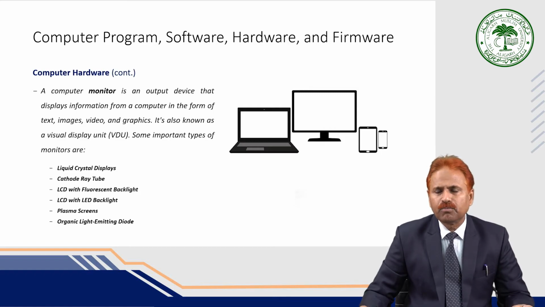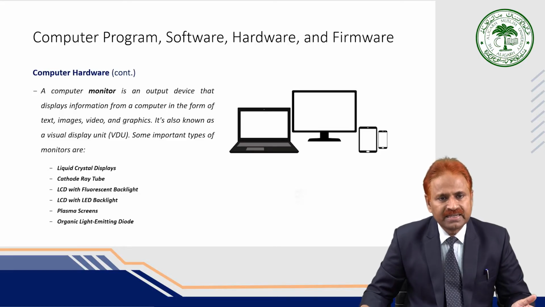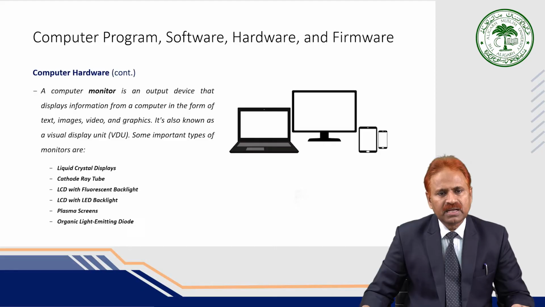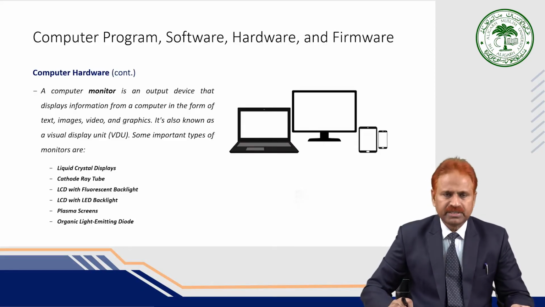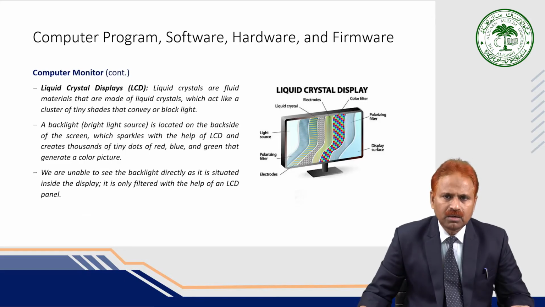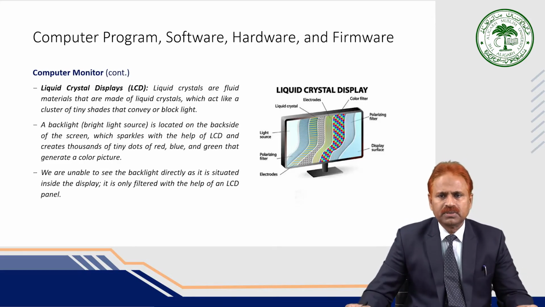Some important types of monitors used in the computer industry are liquid crystal display, cathode ray tube, known as CRT, LCD with fluorescent backlight, LCD with LED backlight, plasma screens, and OLED, which is organic light emitting diode. We will see these kinds of displays very briefly.